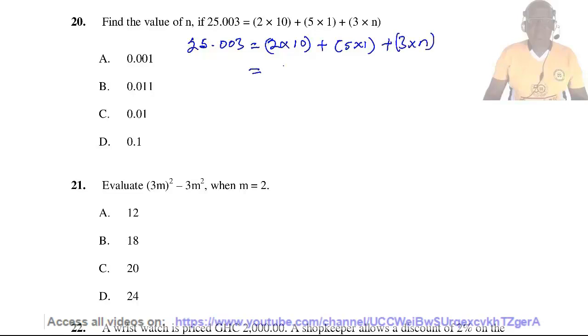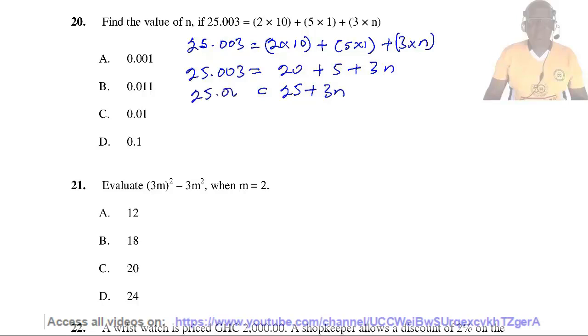This equals 20 plus 5 plus 3n to be equal to 25.003, or 20 plus 5 is 25 plus 3n to be equal to 25.003. So 3n equals 25.003 minus 25, which equals 0.003 to be equal to 3n.